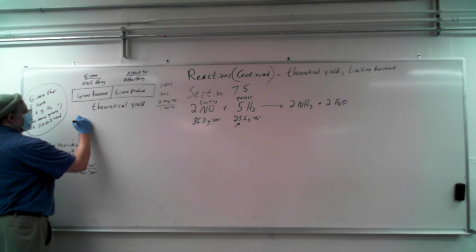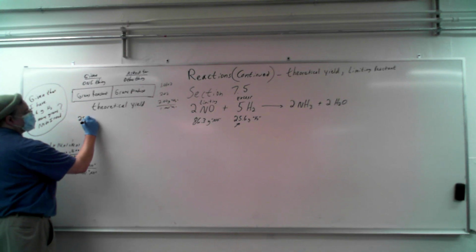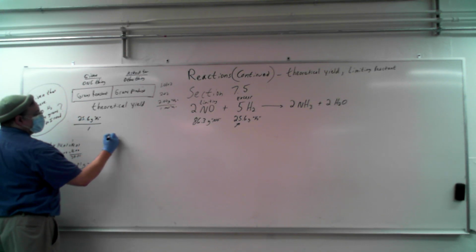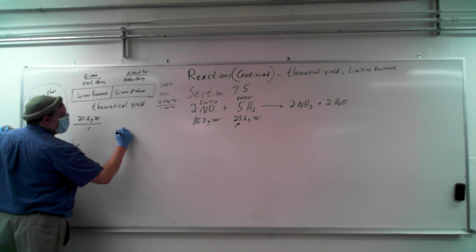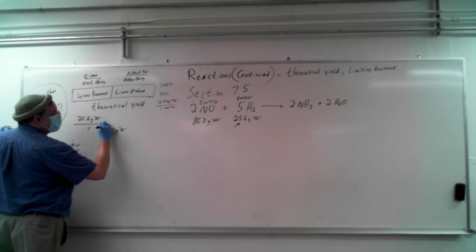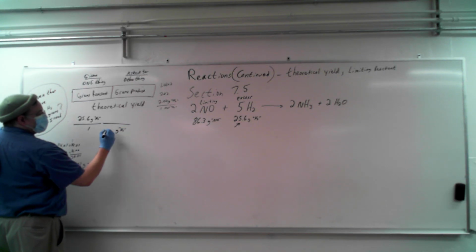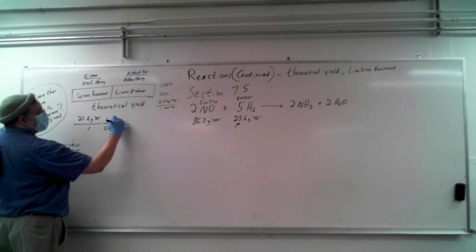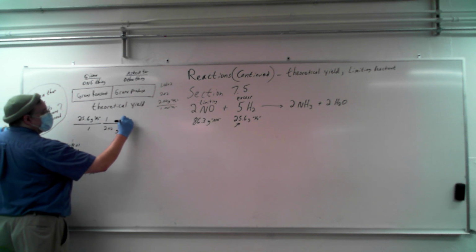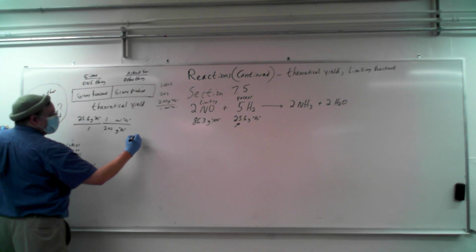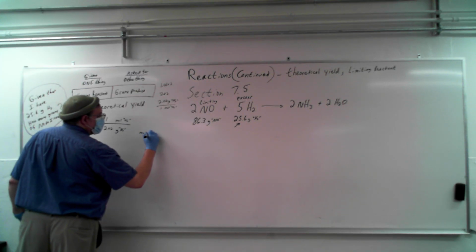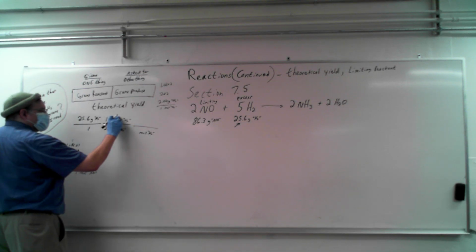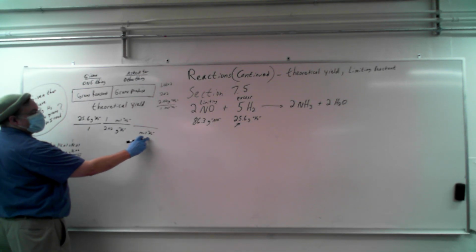I'm told I have 25.6 grams of H2, with grams of H2 on the bottom. This is going to be the grams per mole. That means moles of H2 is on the bottom, because moles of H2 is going to be moles of H2 down here.